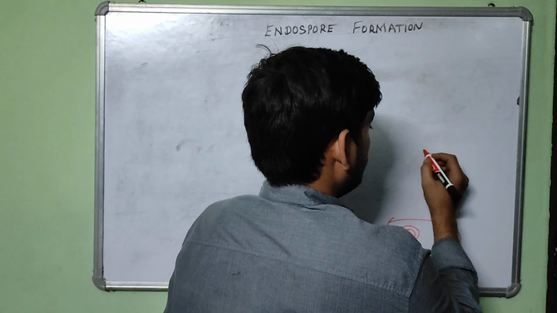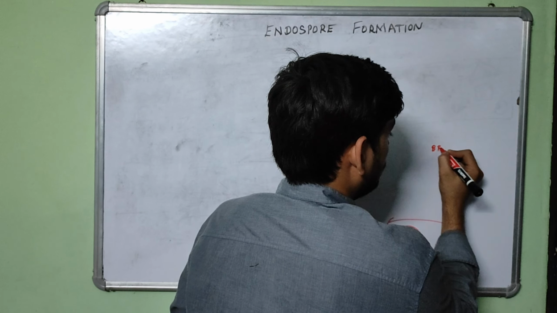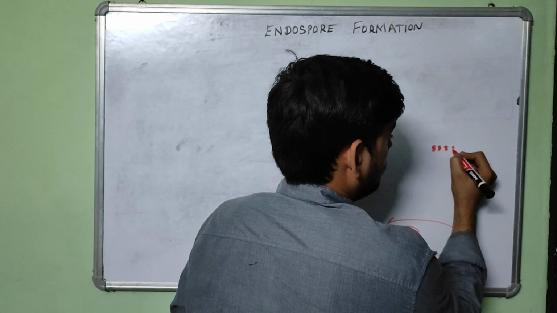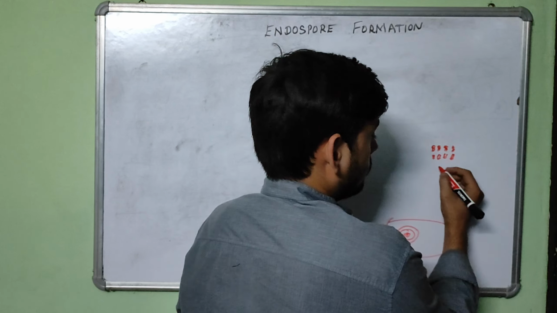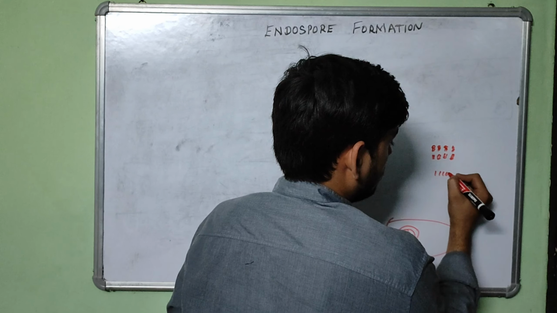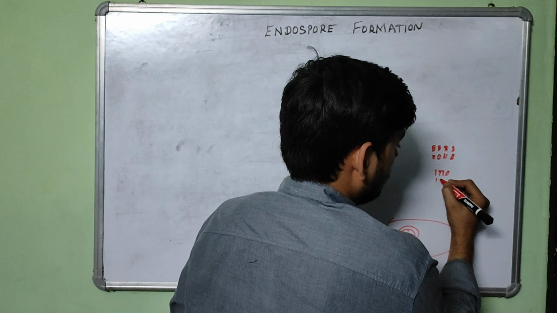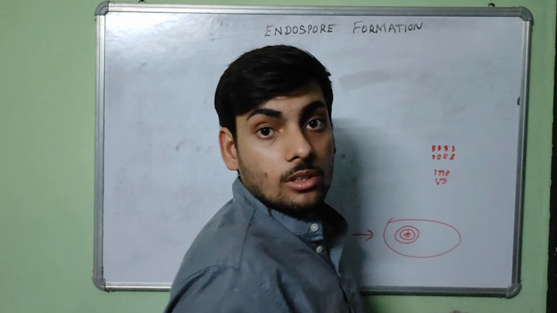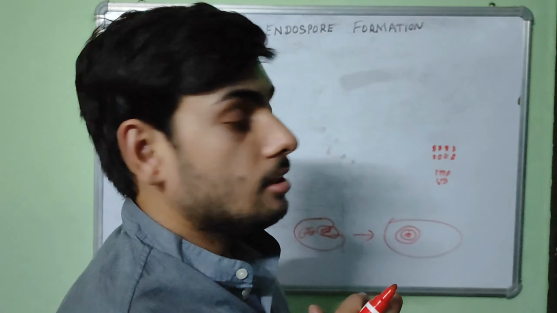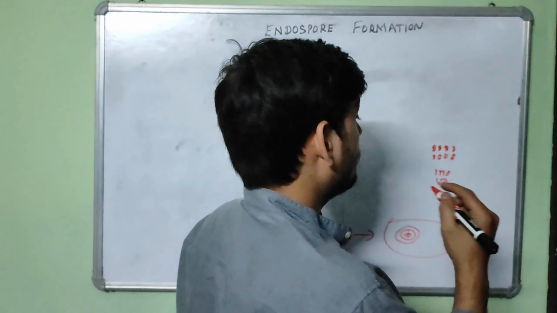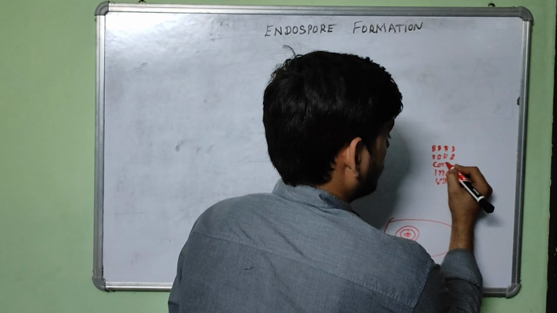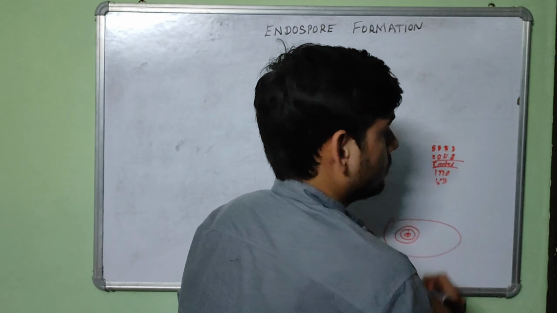Let us say this is one layer of peptidoglycan, and this is also peptidoglycan with another layer. In between these two layers, a third layer is going to form, which is the cortex.